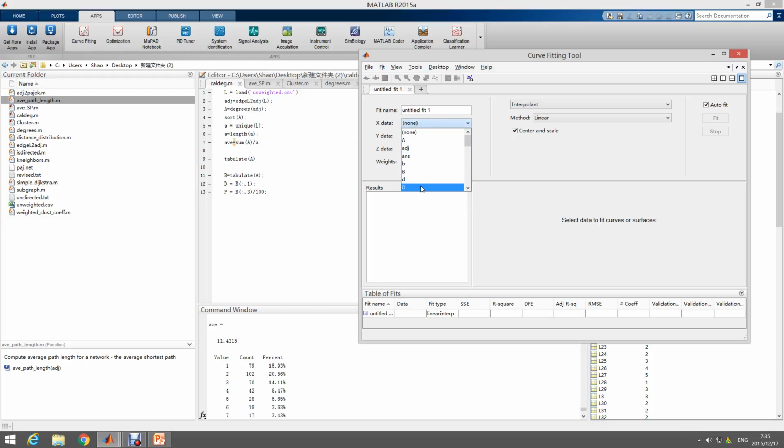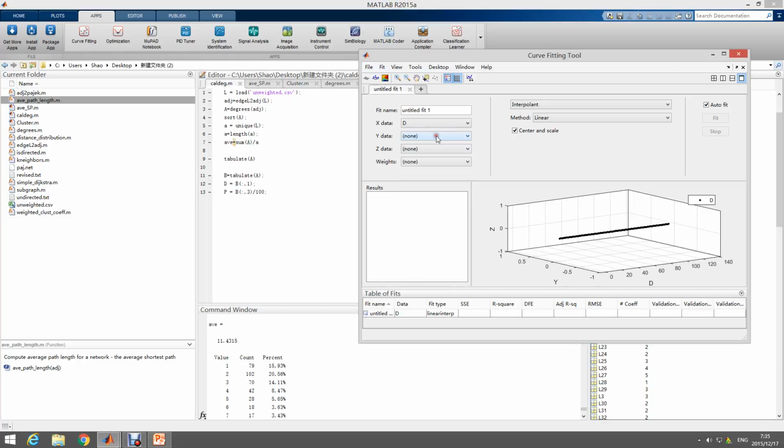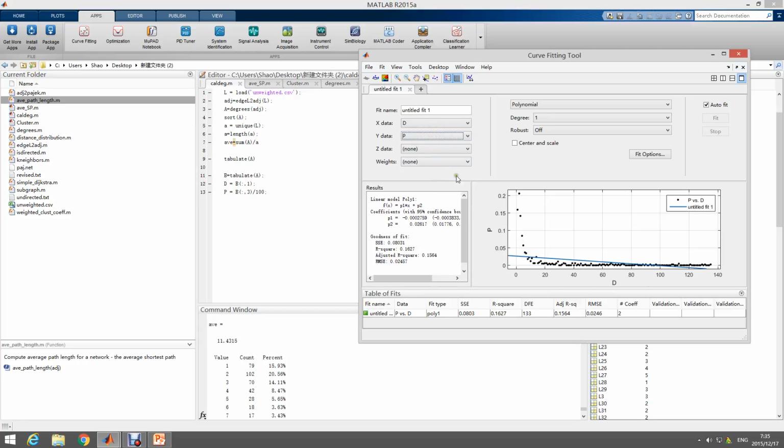X data is D and Y data is P. Curve power law. Look at this.